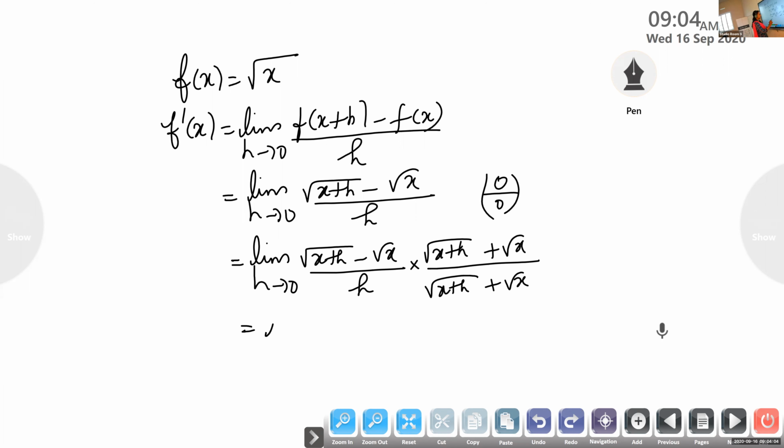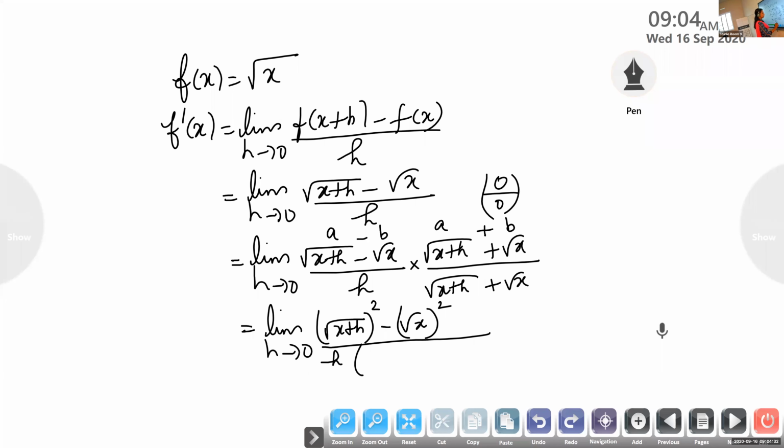Now the numerator takes the form a minus b into a plus b, which is same as a square minus b square. So we get limit h tending to 0, x plus h minus x by h into root of x plus h plus root x.